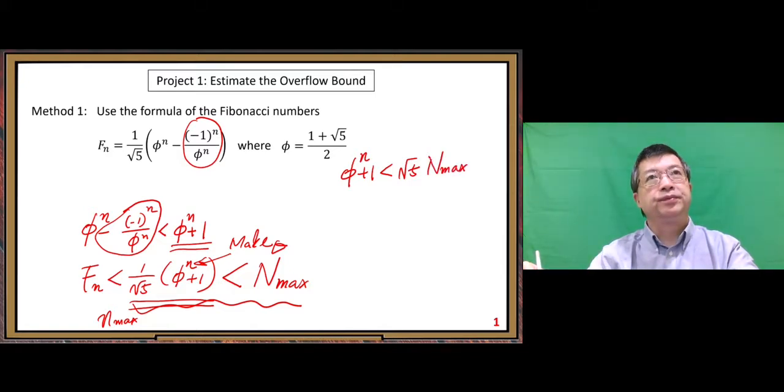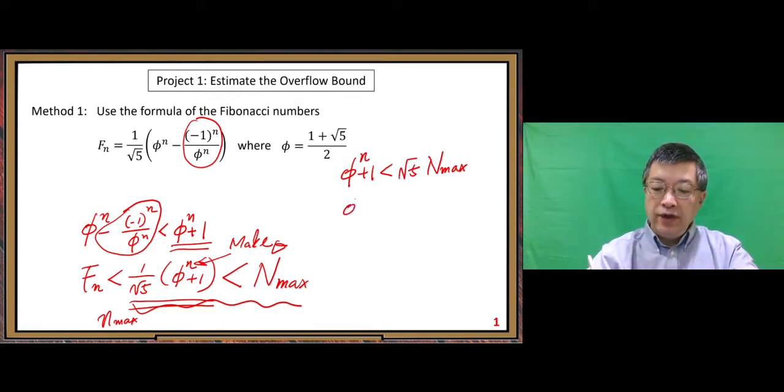Then phi to the n less than root 5 times n max minus 1.